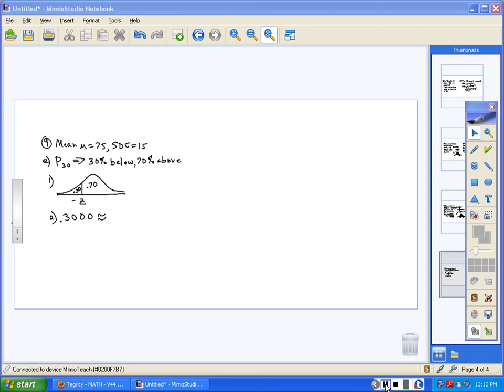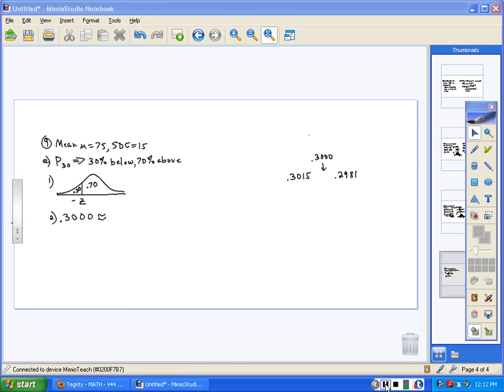Okay, so there are 2 numbers. I'll do this over to the side. We have a little bit of room here. One value is 0.3015, and another value is 0.2981. And our value of 3,000 is between those 2.